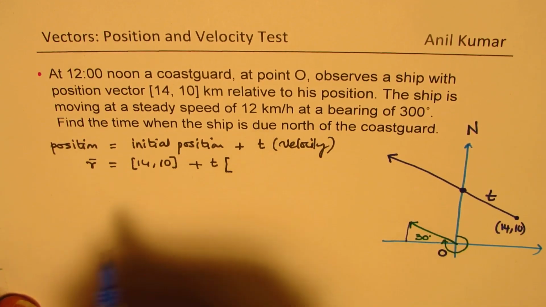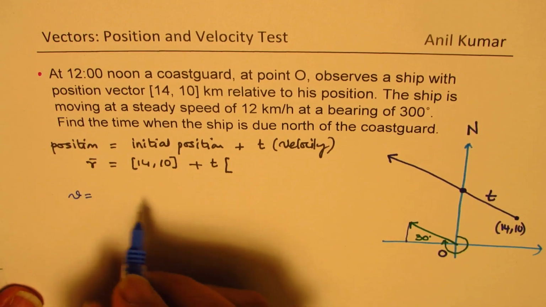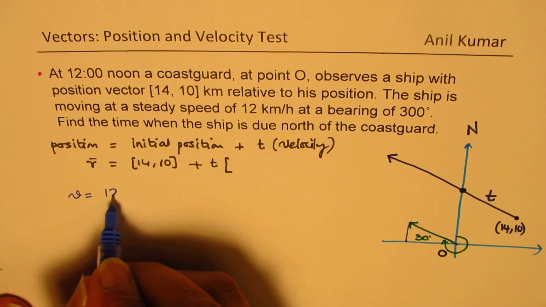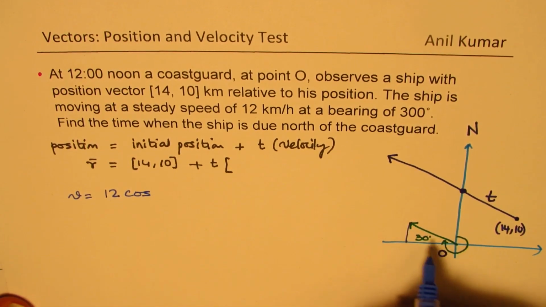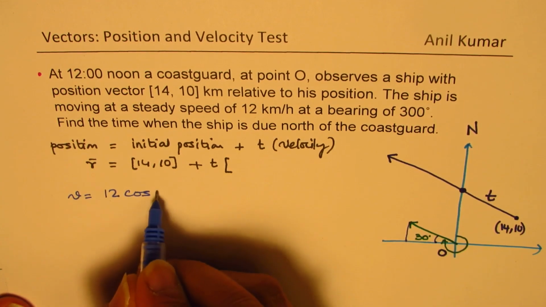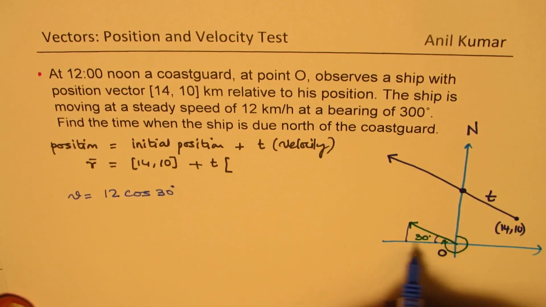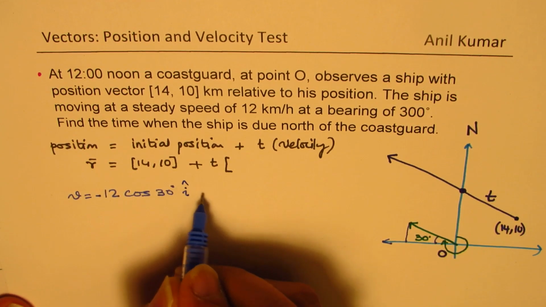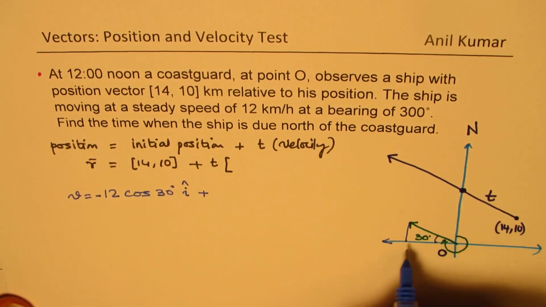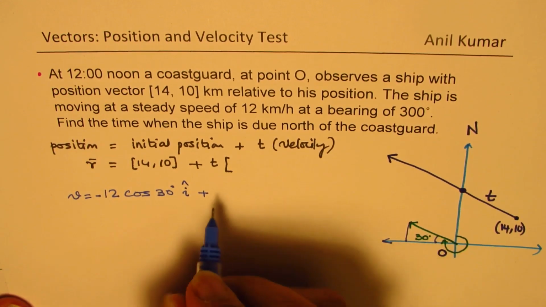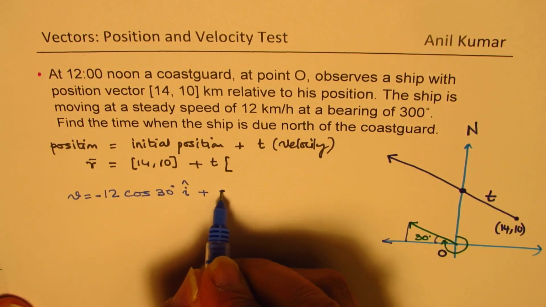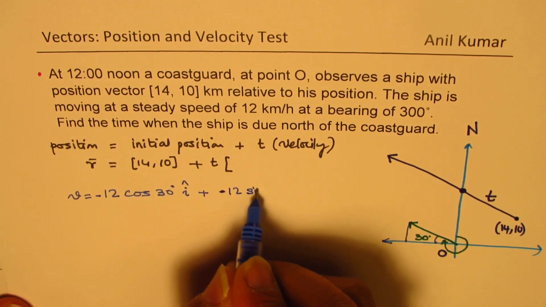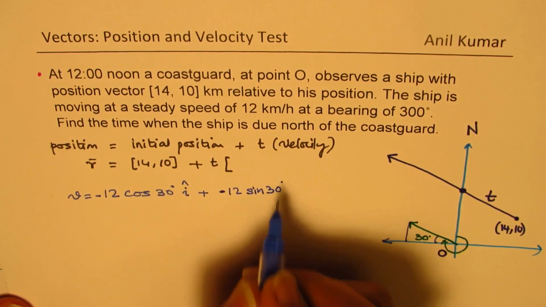So we can write velocity as equal to 12 cos of 30 degrees, with a minus sign because it's acting in this direction, i, correct? Plus, upwards we have 12 sine of 30 degrees.